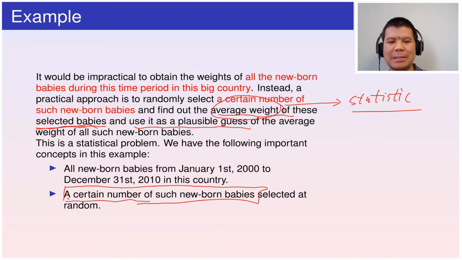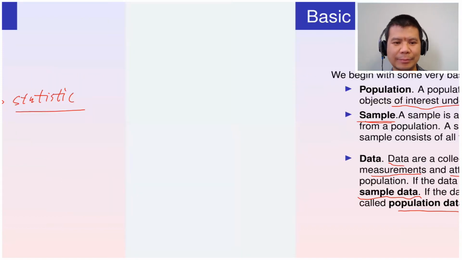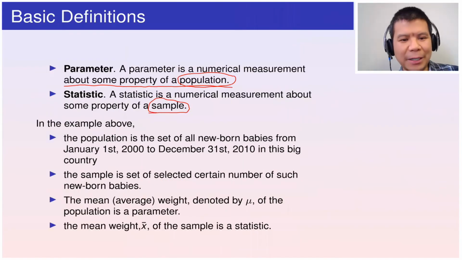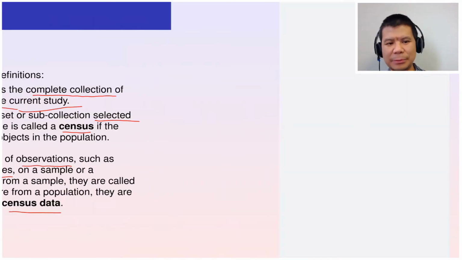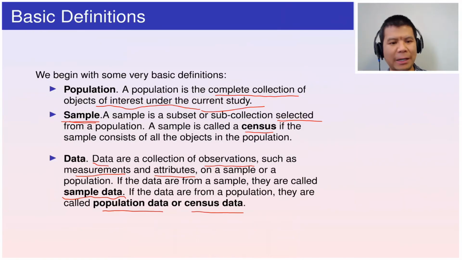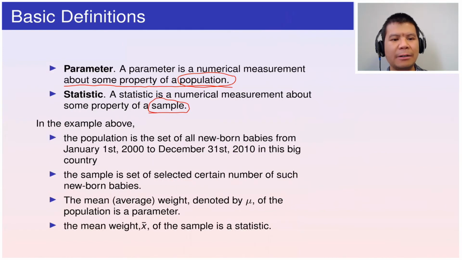So those are the several concepts here: we have a population, we have a sample, and we can collect data. Data can be sample data or population data. And then we have parameter and statistic.